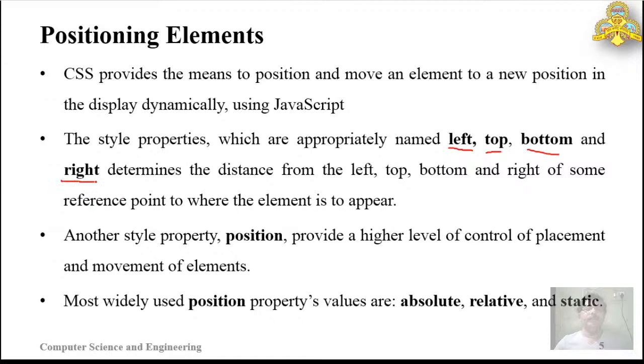By modifying these properties, we can change the location of the element within the browser window. Here it is within the browser window, not the entire desktop. It's only within the browser window.